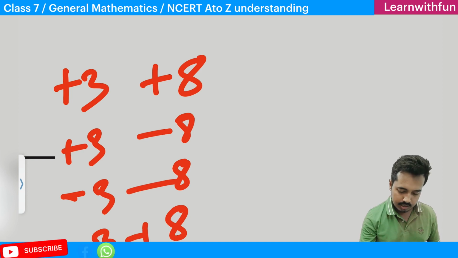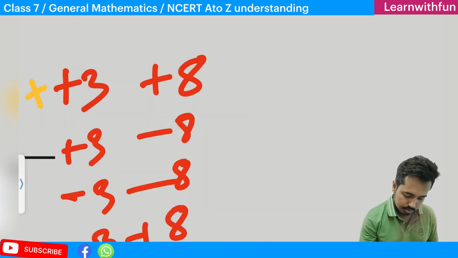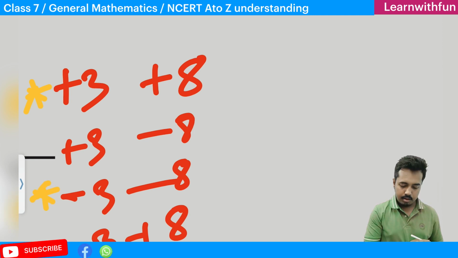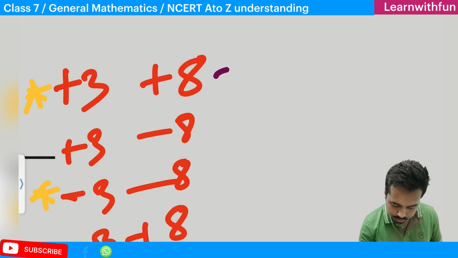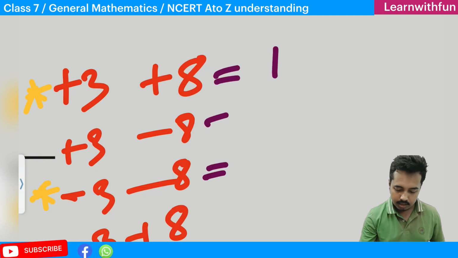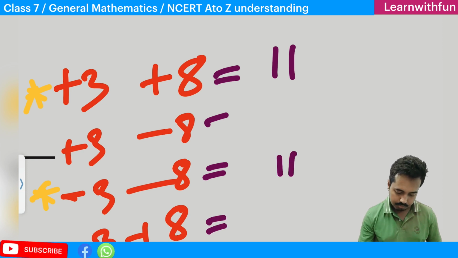In the first case and in the third case, you can see the signs before the numbers are the same. So you'll have to add those numbers, and when you add 8 and 3 you will get 11.